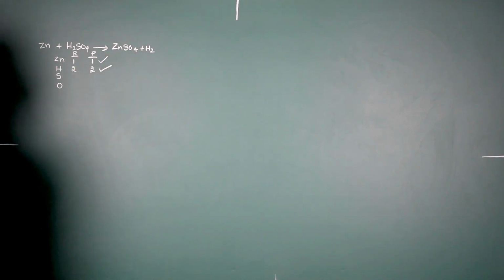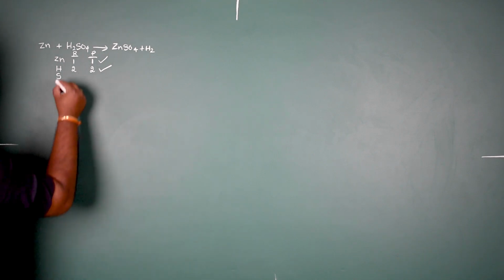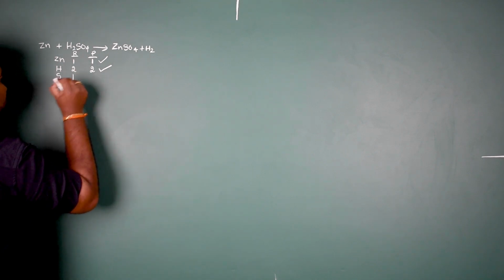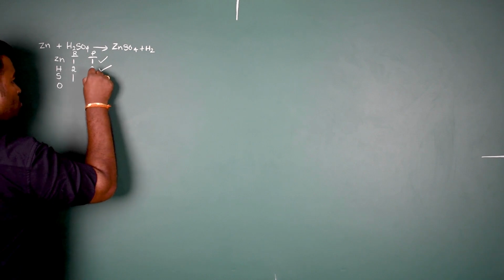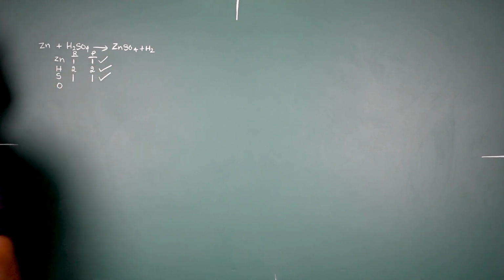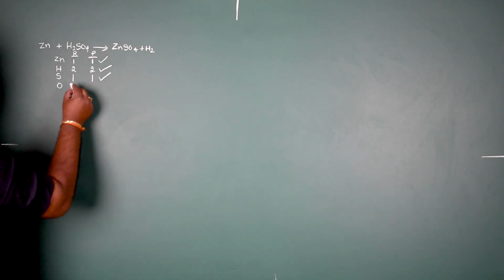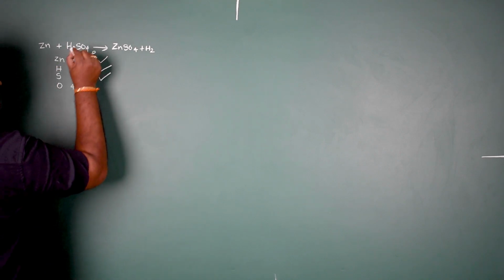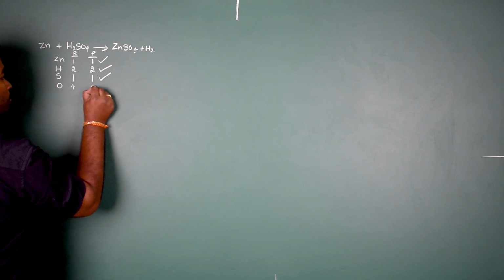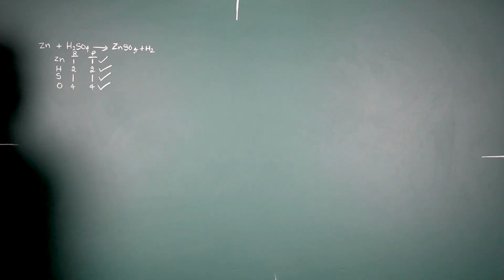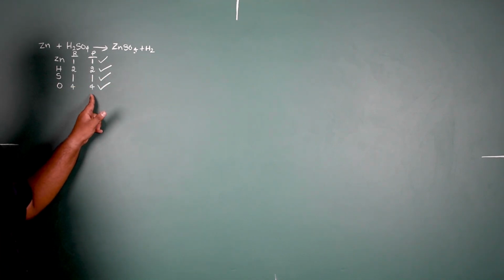So hydrogens are also balanced. Then how about sulfur? Here it is one sulfur and there it is one sulfur. So sulfur is also balanced. Then the last one, that is oxygen. Here there are 4 oxygens on the reactant side, and here also there are 4 oxygens. So all the atoms are balanced on the reactant and product side.